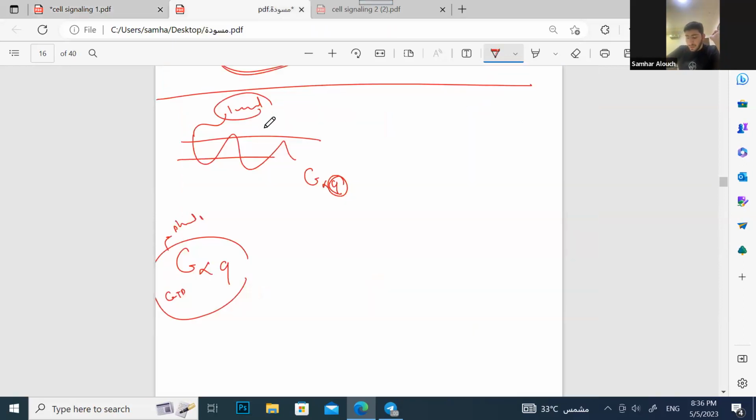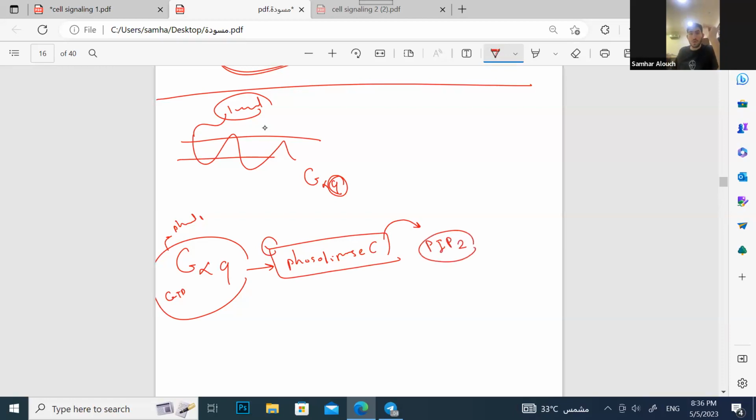In this pathway, G alpha Q goes and activates a protein called phospholipase C. Phospholipase C goes and breaks something called PIP2, and since it's PIP2, once we break it, it will give us 2 different things.